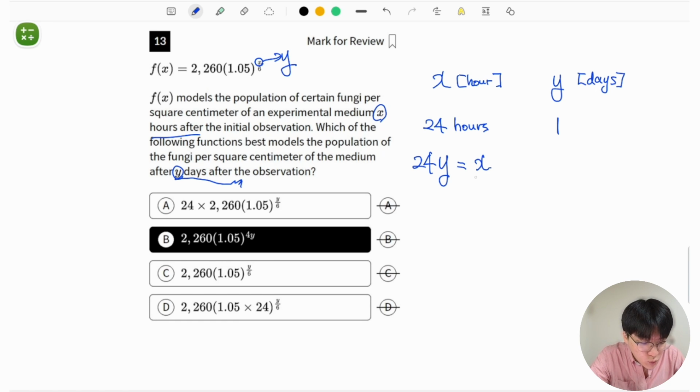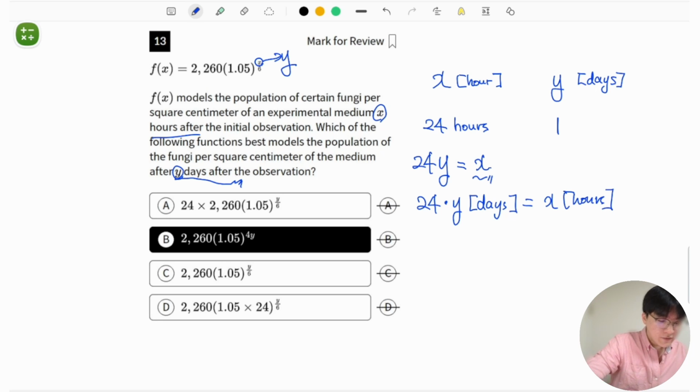So for 24 hours, 24 times y, which is in days, has to equal x hours. Does that make sense? So if we plug in x is equal to 24, naturally we know y is equal to 1, and so we get 24 is equal to 24, and now that formula works.